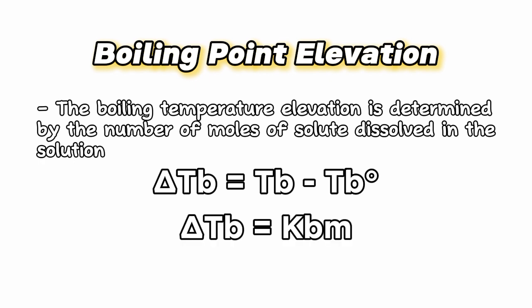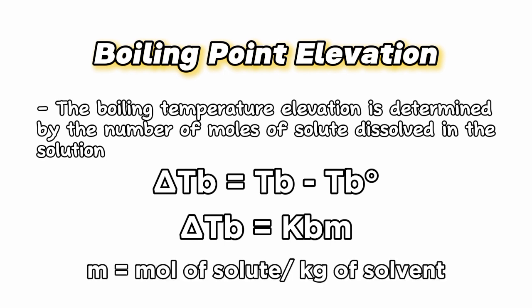ΔTb is equal to Kb m, wherein ΔTb is the change in boiling point, Kb is the molal boiling point elevation constant, which depends only on the nature of the solvent, and m is the molality of the solution. The formula in calculating molality is m equals moles of solute over kilograms of solvent.